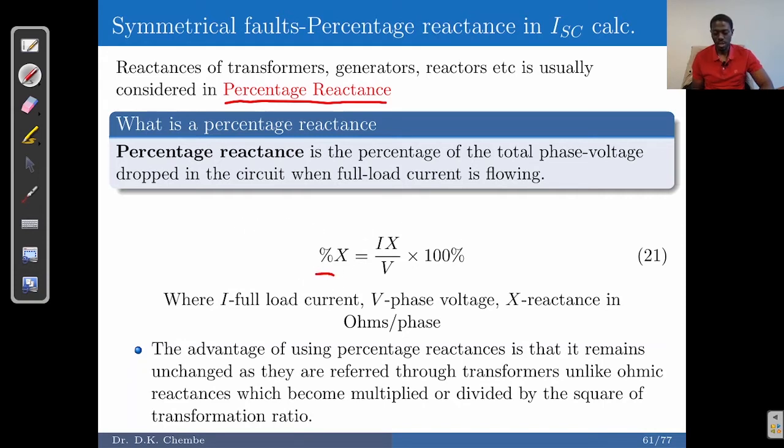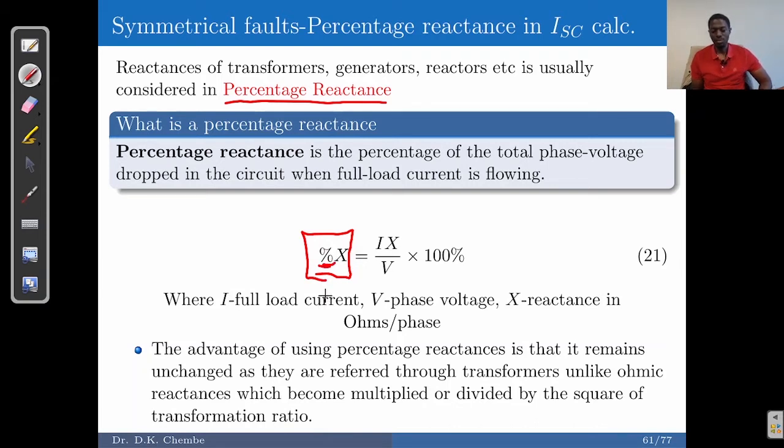So percentage reactance is calculated as follows: the full load current multiplied by the reactance in ohms per phase, over the phase voltage, multiplied by 100%. This gives you what we call the percentage reactance of a system.